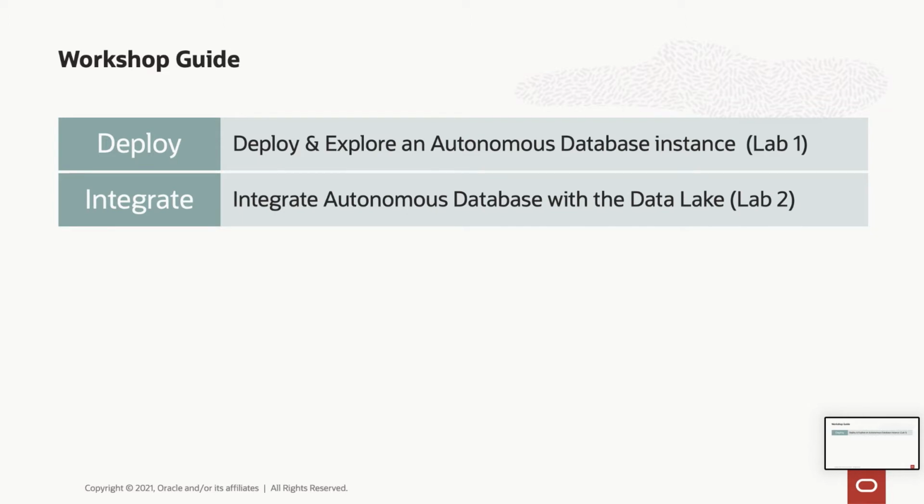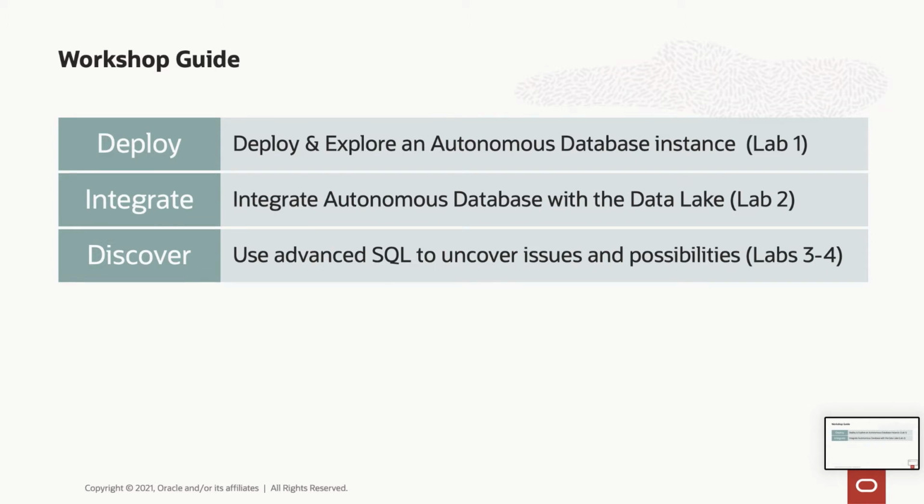After integrating data into the data warehouse, we'll then use advanced analytics to analyze that data, right? So we're going to use the richest SQL language in the industry. We'll use SQL pattern matching. We'll do recency, frequency, and monetary analyses to find customers that are at risk, and you'll be doing a lot more.